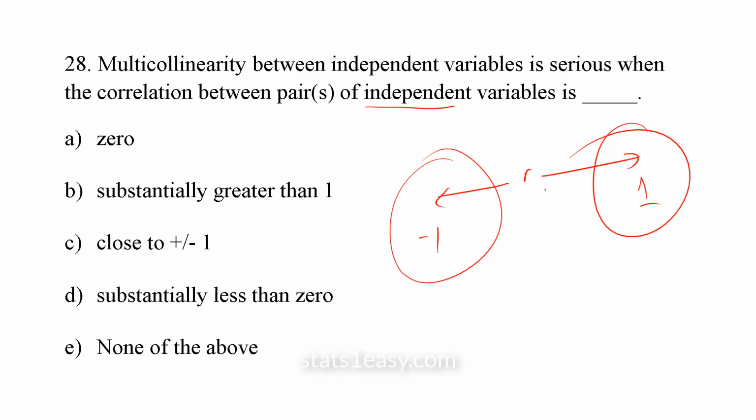So if the correlation is 0, yeah, that's what we want. That means we have no multicollinearity. It is not possible for the correlation to be greater than 1. So when it is close to ±1, that's a strong correlation, and that is the problem of multicollinearity.